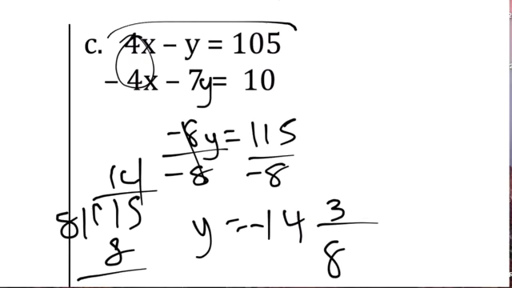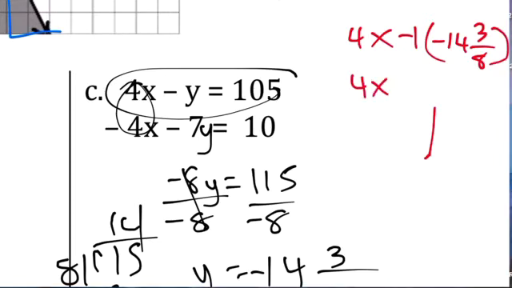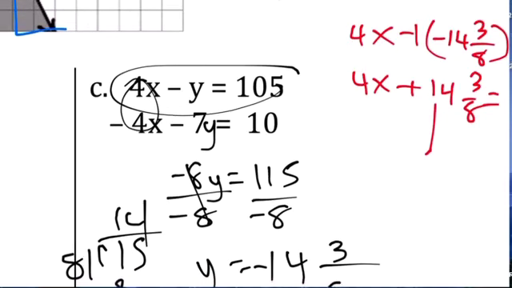I'm going to use this one here. Get 4x minus, that's a 1 times y, which is negative 14 and 3 over 8. So 4x plus 14 and 3 over 8 equals this 105.